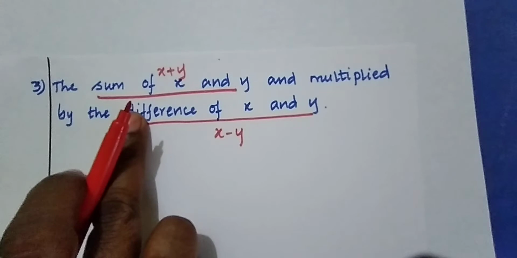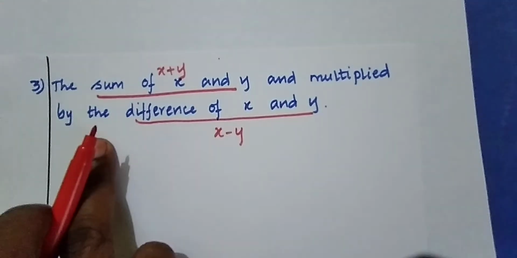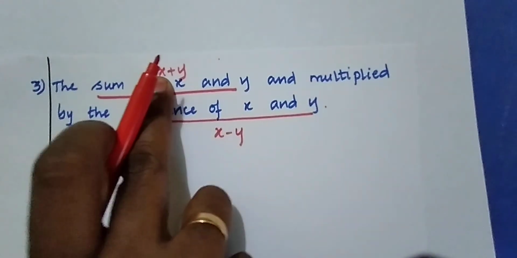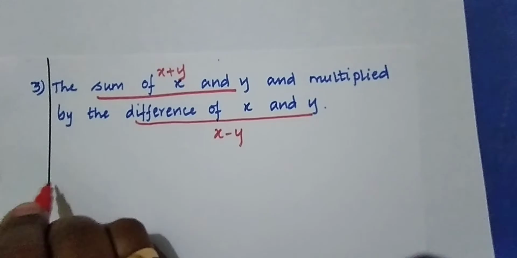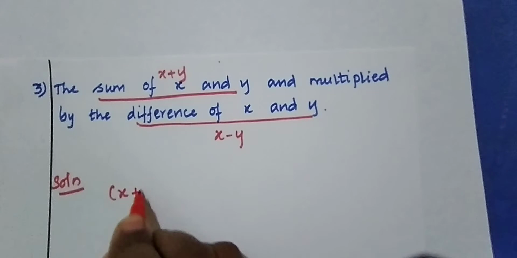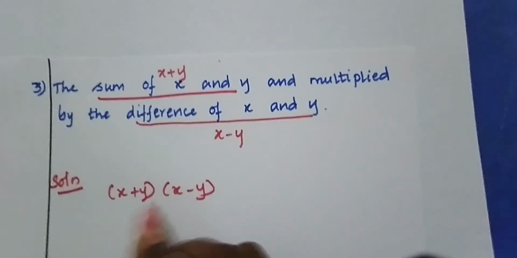The sum of x and y multiplied by the difference of x and y. So you should multiply this x + y and x - y. So your answer is (x + y)(x - y). This bracket stands for multiplication.